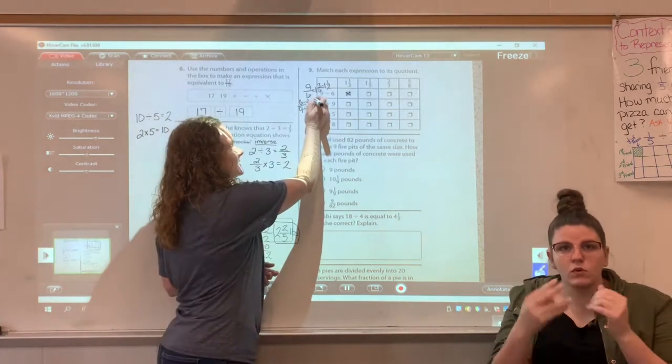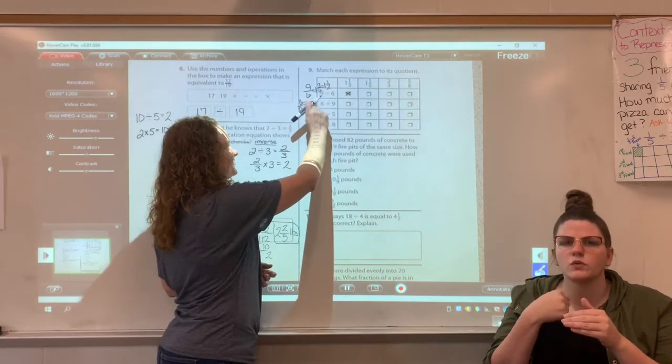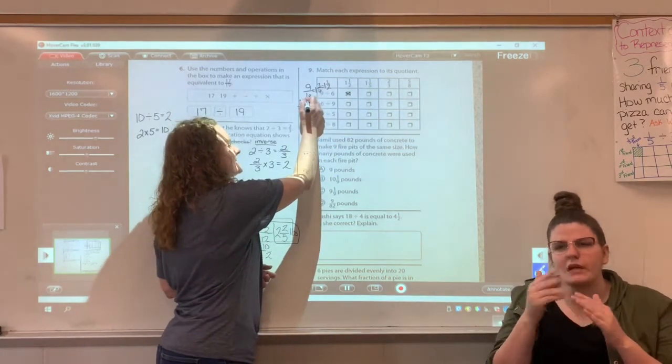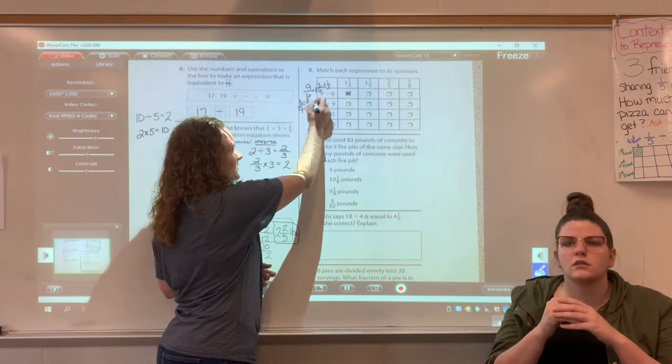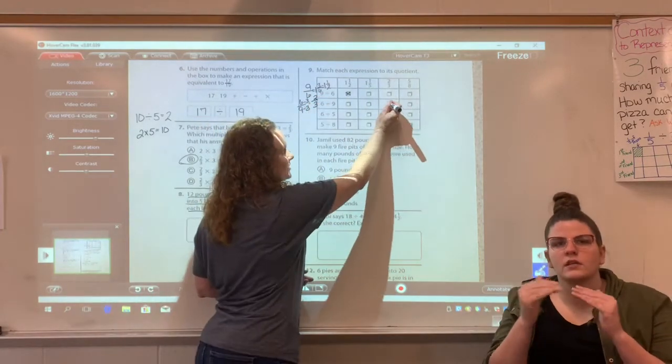So 2 divided by 6 is 3. We would divide them by 3. They're not both even numbers. 6 divided by 3 and 9 divided by 3 would be 2/3. Sorry, went too fast there.